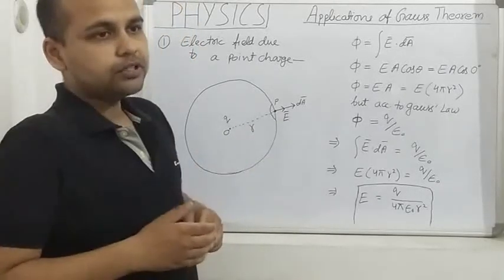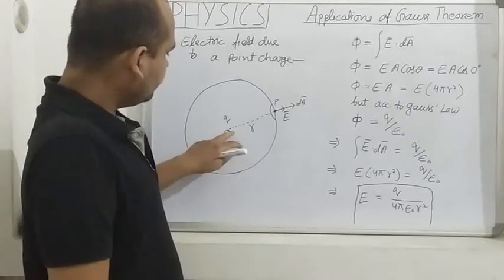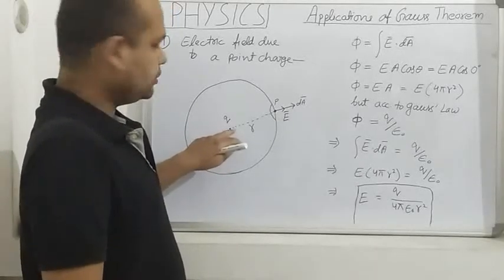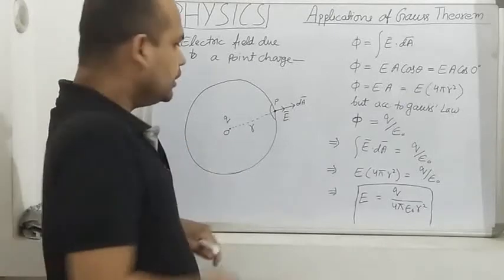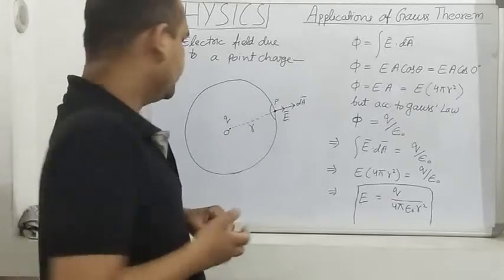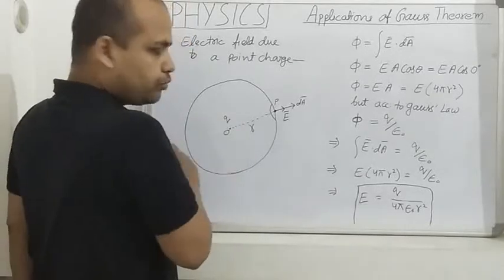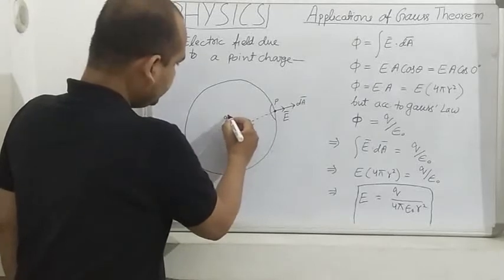Now let us talk about the electric field which is coming out from this source charge Q. That can be represented by the lines of force. So the electric field from this point charge will be like this.